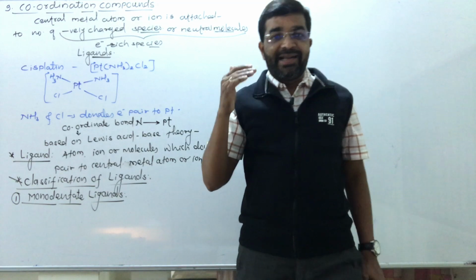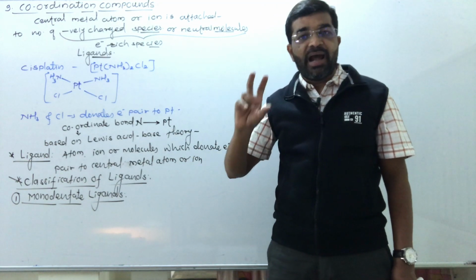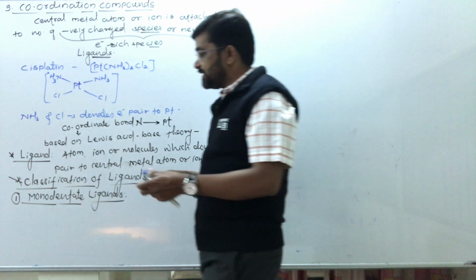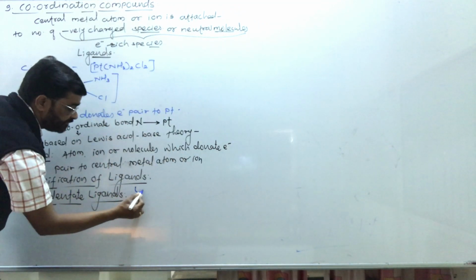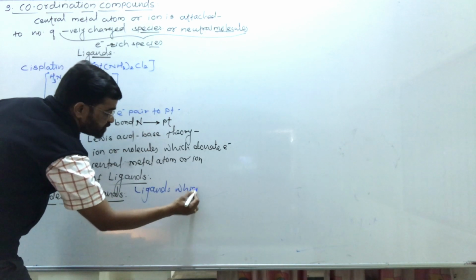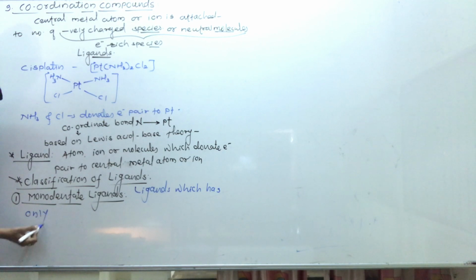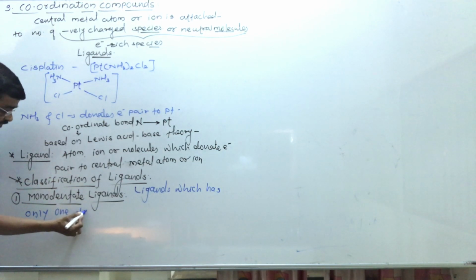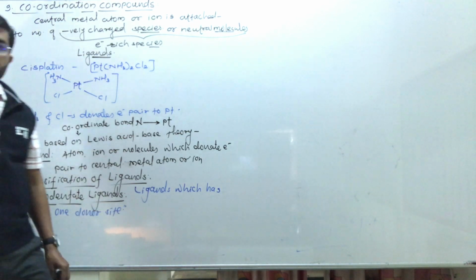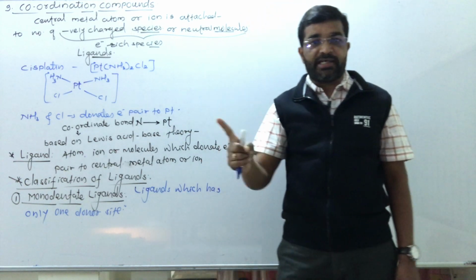Here dentate means how many donor sites it has. Mono means one. So these are the ligands which have only one donor site. So they are called monodentate ligands.